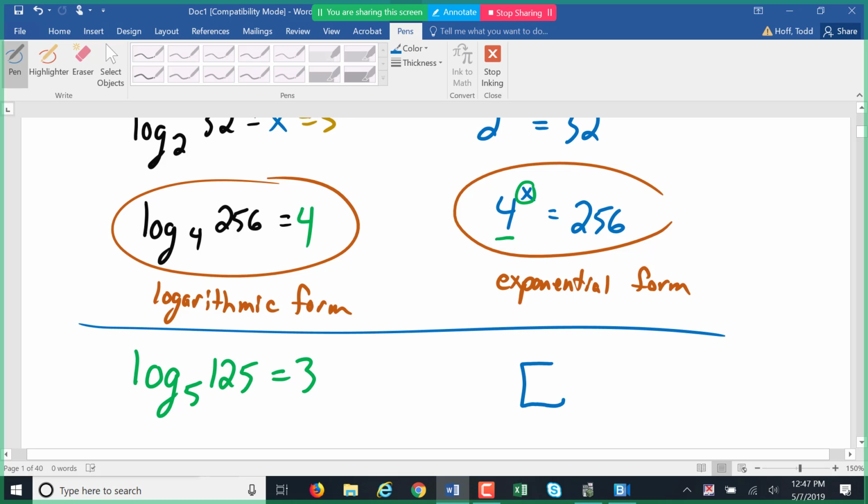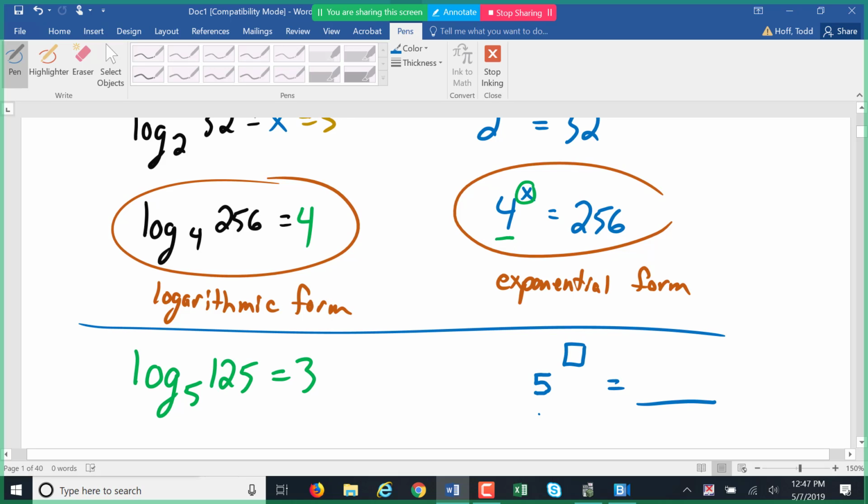What would be the base of our exponent? Careful. The base of the log is the base of the exponent. So log base 5 means it's 5 to the power of. What is going to be the power of our exponent?